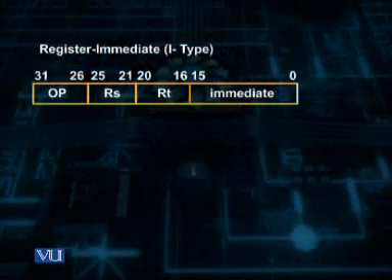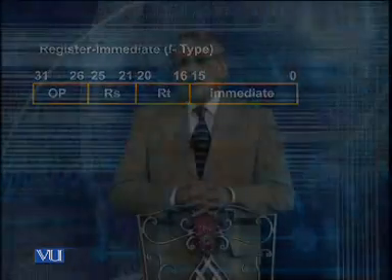So for this purpose, again, this 16-bit address is used in the relative addressing mode and it is added to the contents of the register RS, and then the value is read from that particular location and loaded into the destination register.